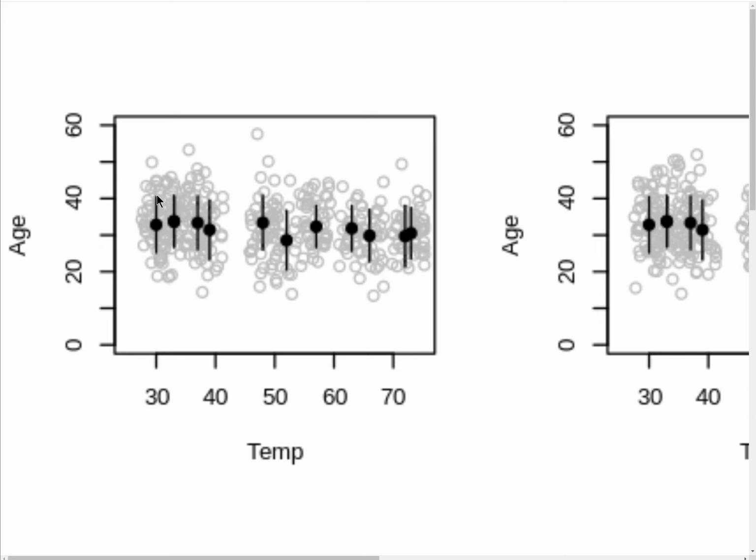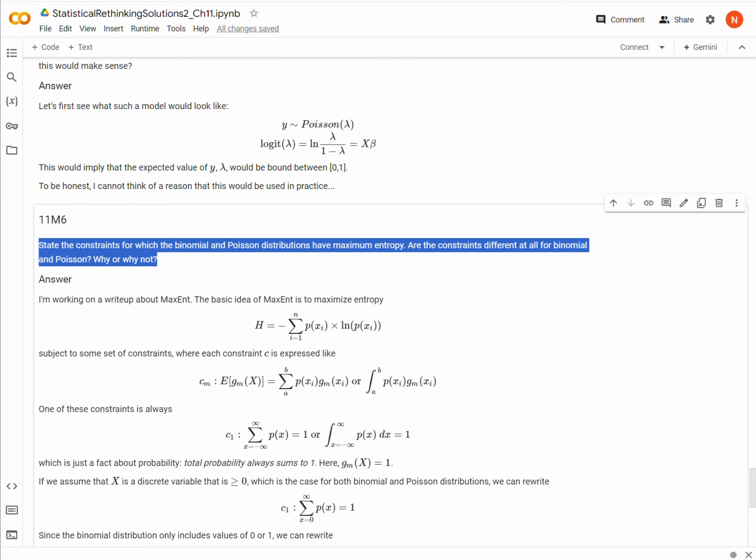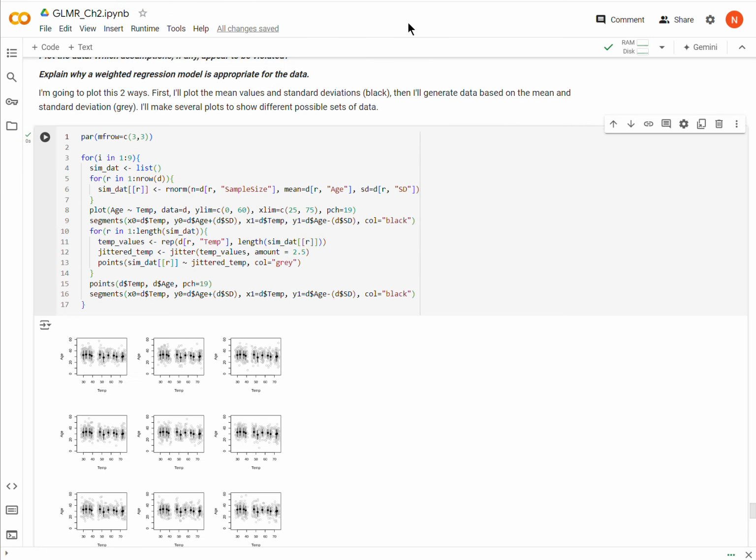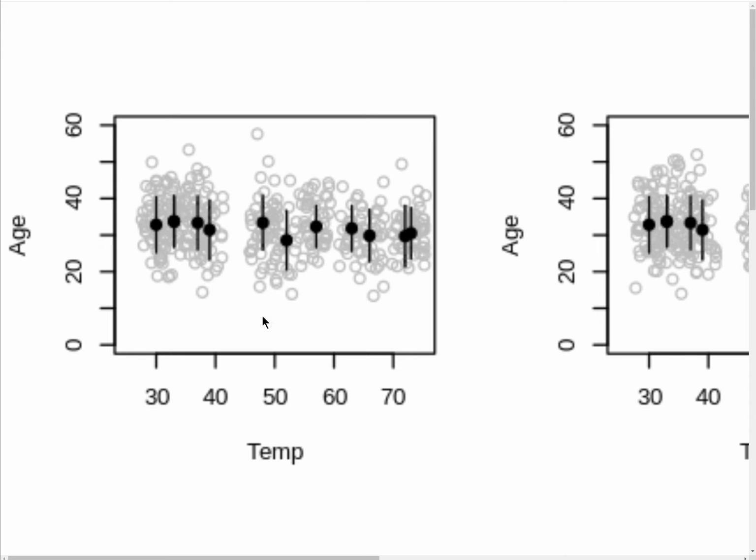The vertical bars, I think these are standard errors. No, it's standard deviation. So the bars represent the SD variable in the data set.